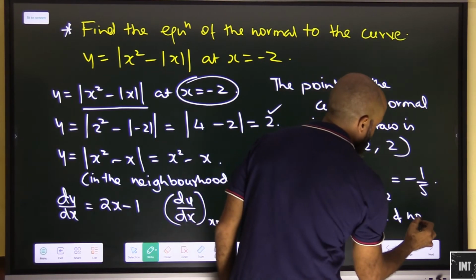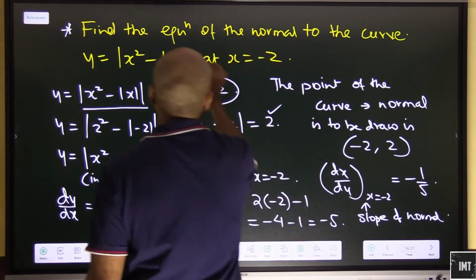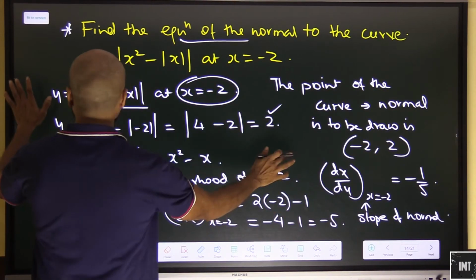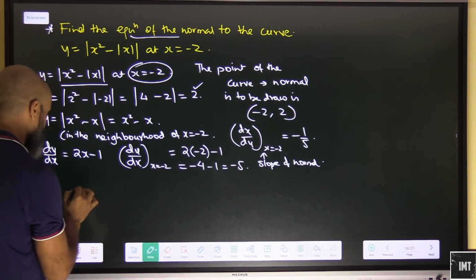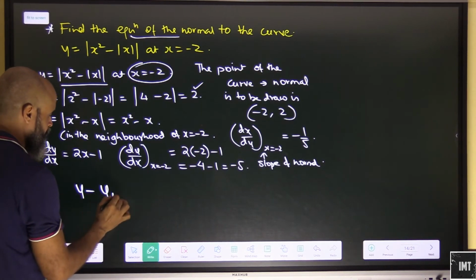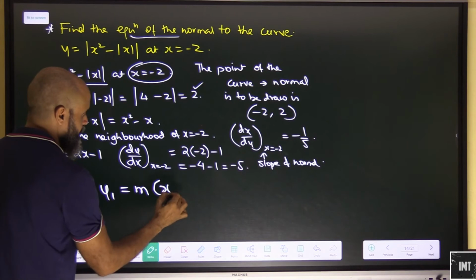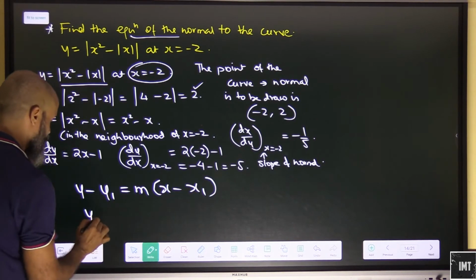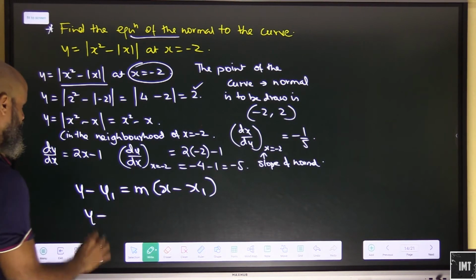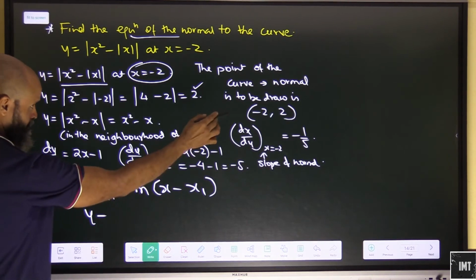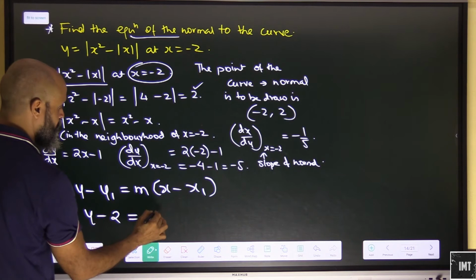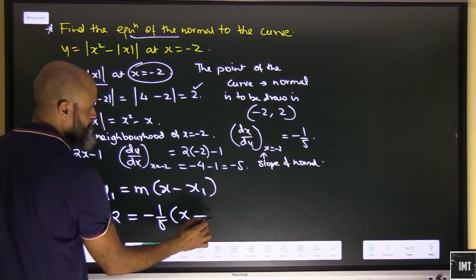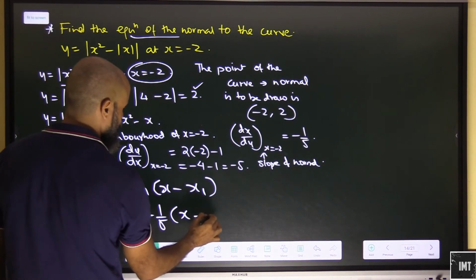Now we have to find the equation of the normal. So the equation will be y minus y1 is equal to m into x minus x1. Here y1 is 2, so this will be y minus 2 is equal to minus 1 by 5 into x minus x1, that is x minus minus 2.